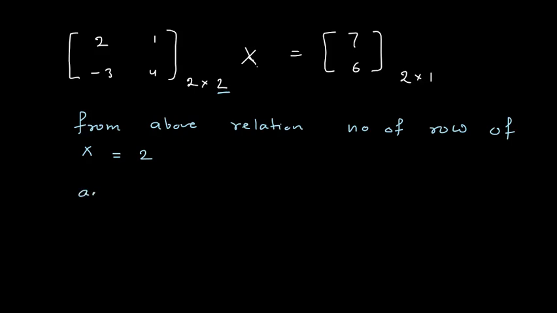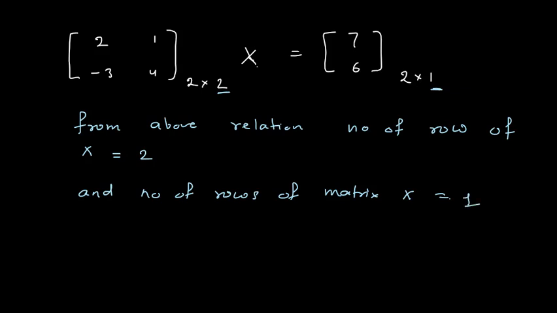And the number of rows of matrix x, now this final order 1, it represents the number of rows of this matrix x. So the number of rows of matrix x is 1.